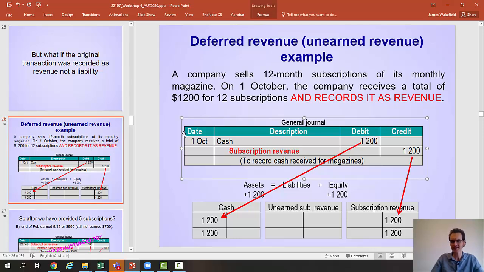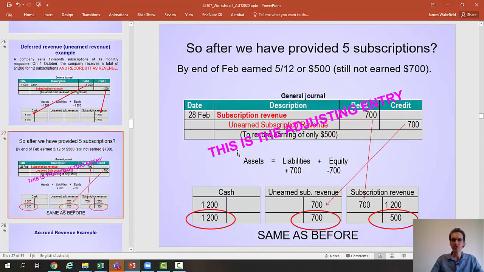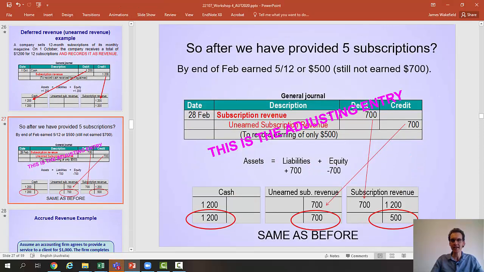So if we accept that this is how someone recorded that transaction by debiting cash and crediting subscription revenue, we need to fix this up so that we can actually recognize the actual revenue that the business earned during the period. So if I go to the next slide, this is the adjusting entry we will record in this case.